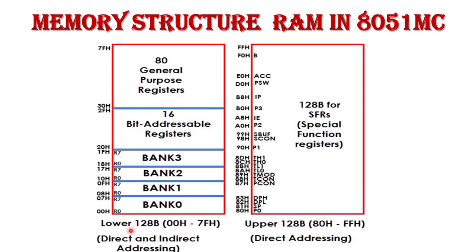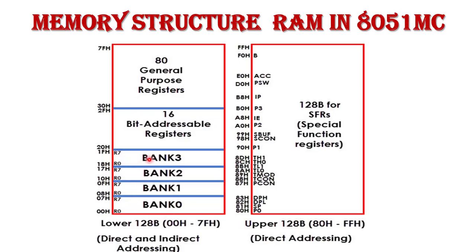So what is the lower 128 byte general purpose memory area? This memory area is 128 byte long, whose address is starting from 00H to 7FH. These total 128 byte is divided into three parts.